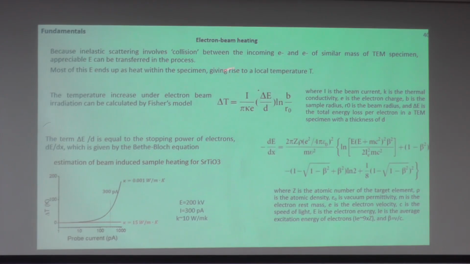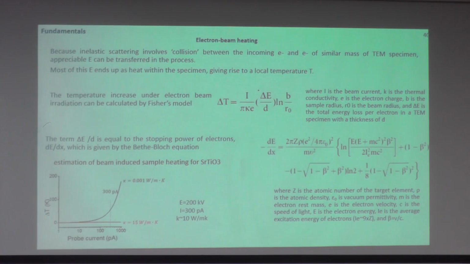We can also estimate the beam heating induced in the specimen. We can take, for estimation, strontium titanate, and look at how the electron beam heats our specimen. Here delta T is calculated.